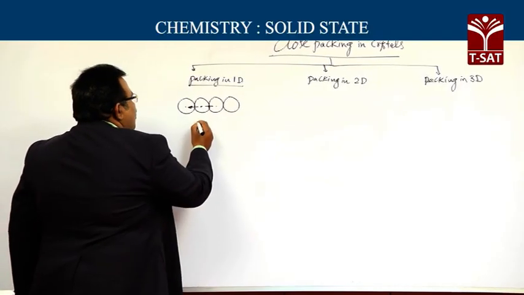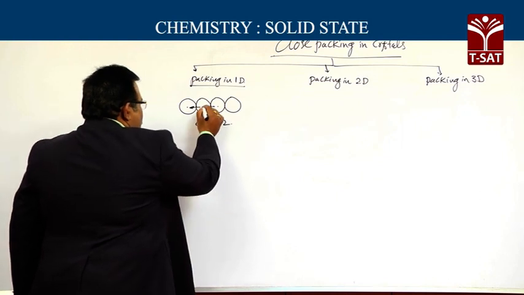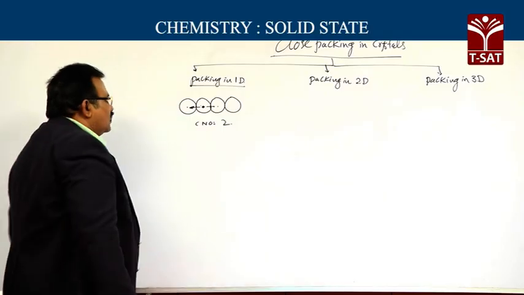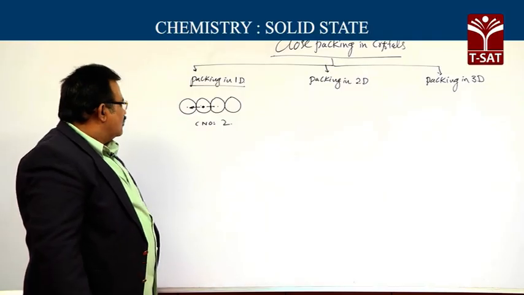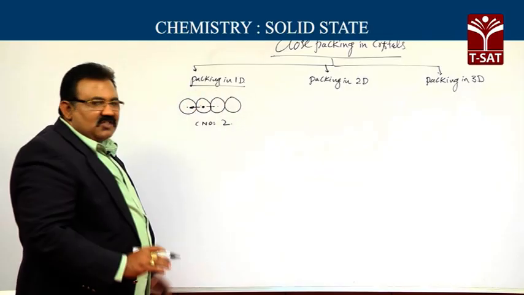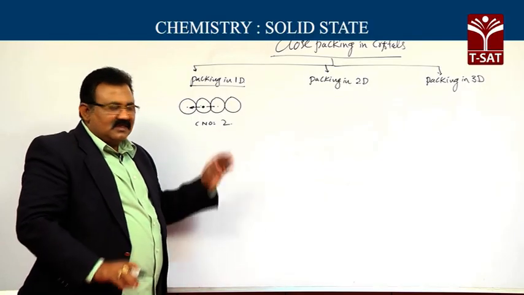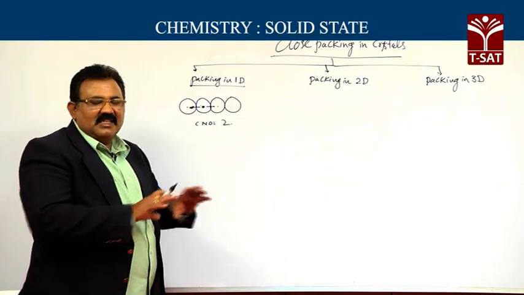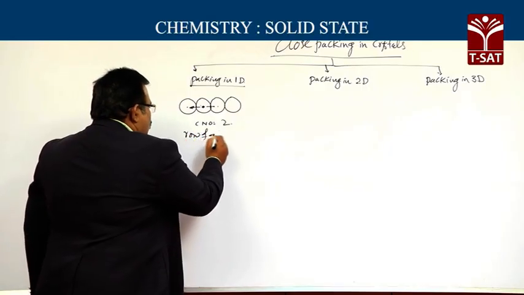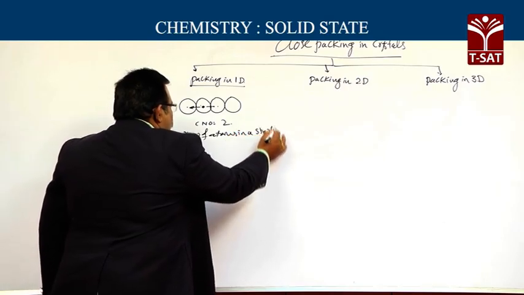So, packing in single dimension has coordination number 2, because each sphere is in contact with 2 other spheres. It is nothing but a row of atoms in a straight line.